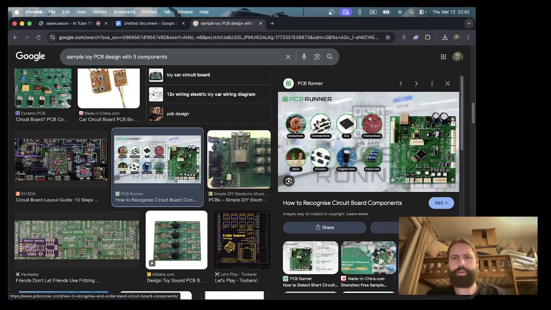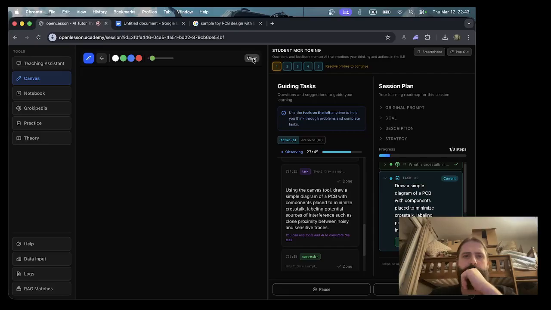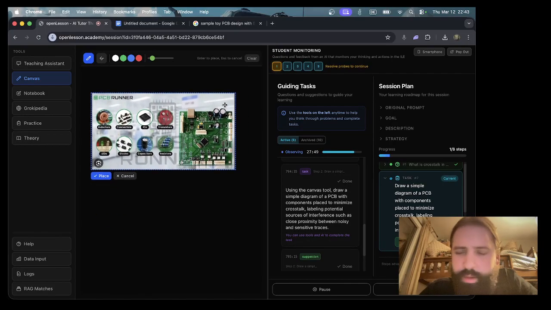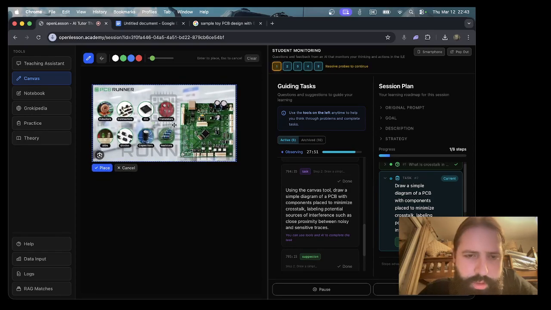Or this one even. Let's look at some of these designs: transistors, resistors, capacitors, diodes, connectors, LEDs, inductors.